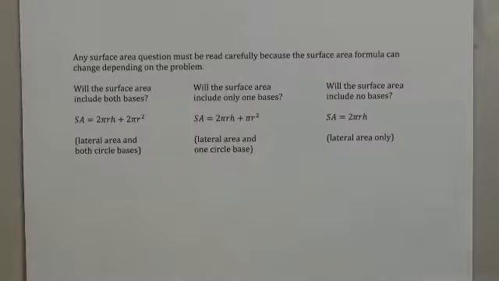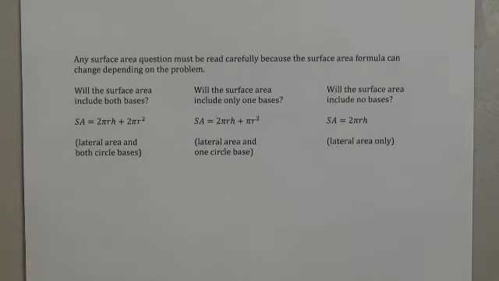Okay, let's turn this over and do the last part of the notes. Sometimes the problems can be a little tricky with surface area, and here's why. Any surface area question must be read carefully because the surface area formula can change depending on the problem.